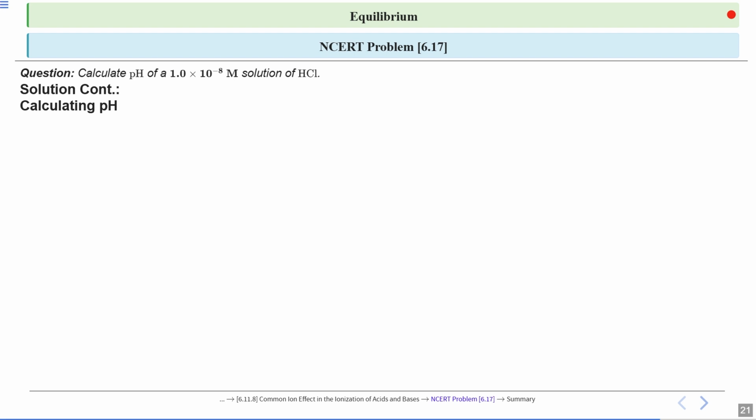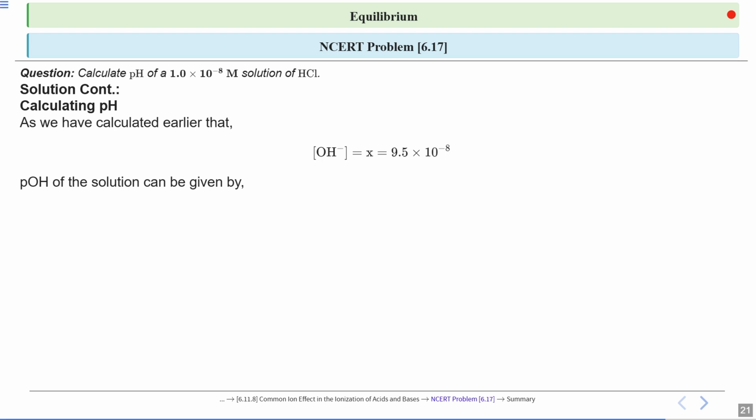What about the pH? How do we calculate it? For that, we have to remember that OH minus has a concentration of 9.5 into 10 to the power minus 8. So the pOH of the solution can be given as minus log of OH minus, right? Upon substitution, this value will give you pOH as 7.02.